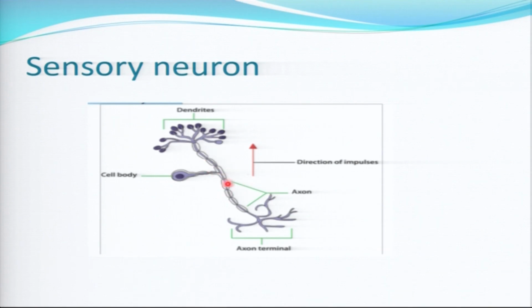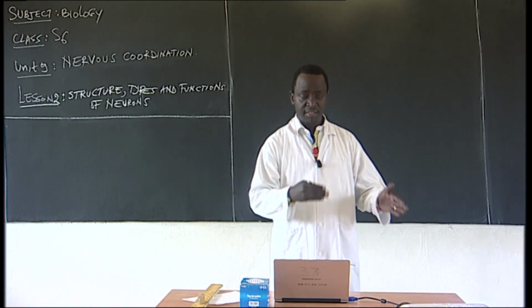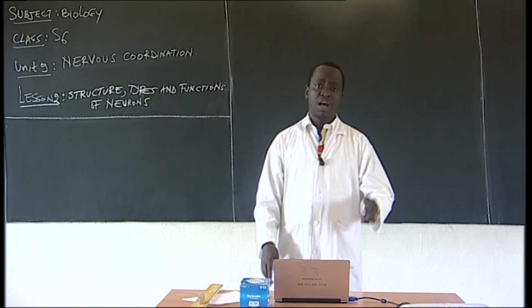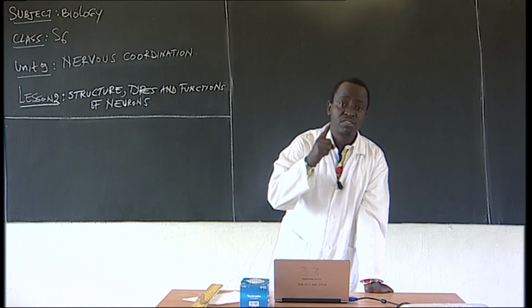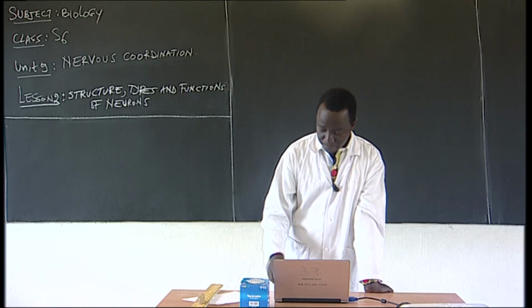Then from the axon, the message can be transmitted to other neurons, because we have many neurons in the brain and in our body. You have millions of nerve cells. That information has to be carried along the neurons until it reaches the brain.